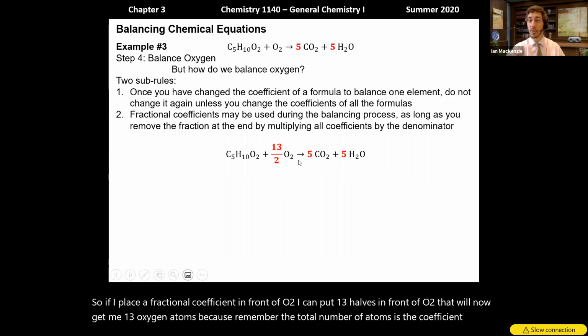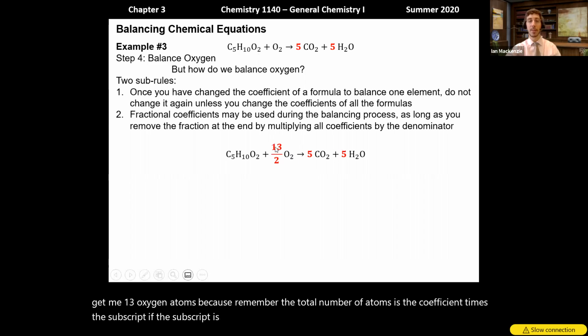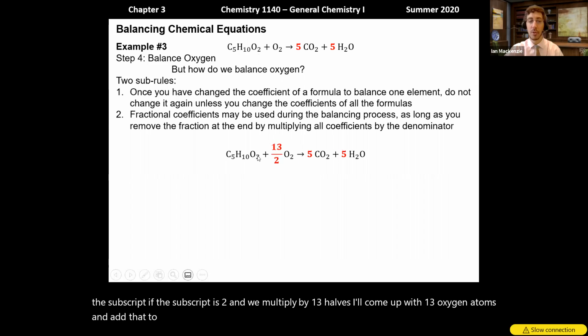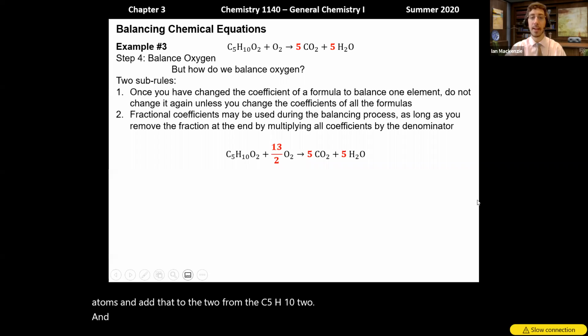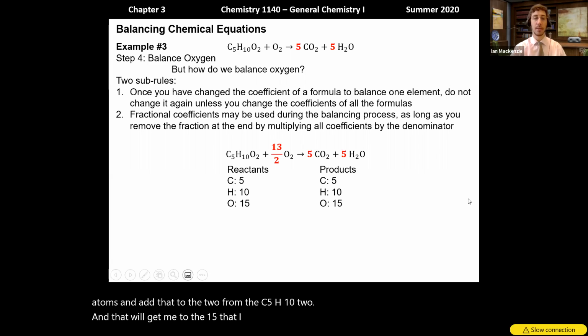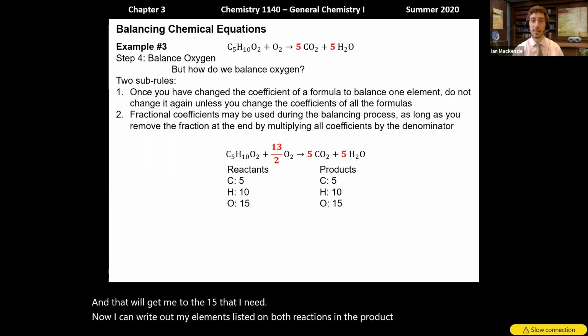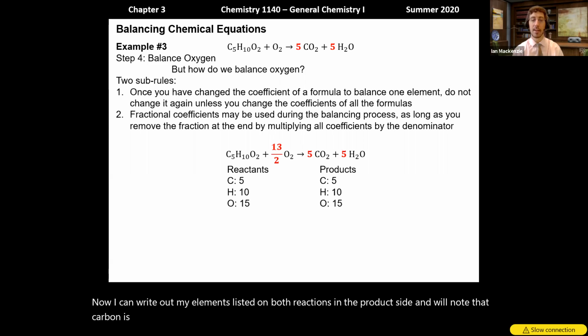If the subscript is 2 and we multiply by 13 halves, I'll come out with 13 oxygen atoms, and then add that to the 2 from the C5H10O2, and that will get me to the 15 that I need. Now I can write out my elements listed on both the reactants and the product side, and we'll note that carbon is balanced, hydrogen is balanced, and oxygen is now balanced.